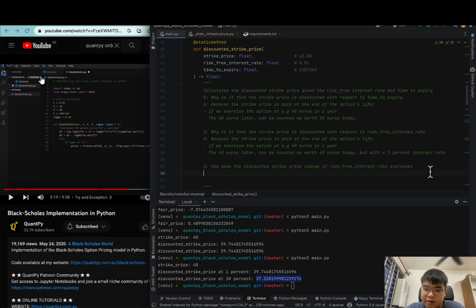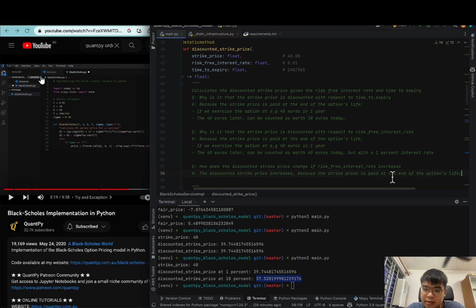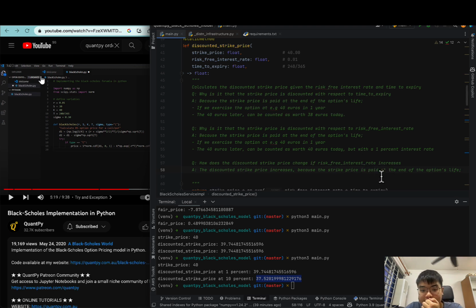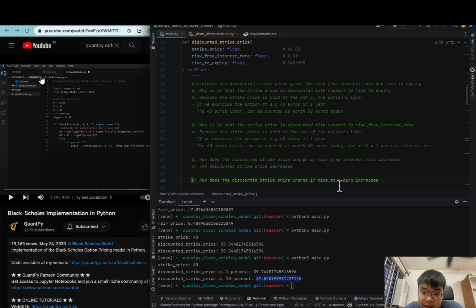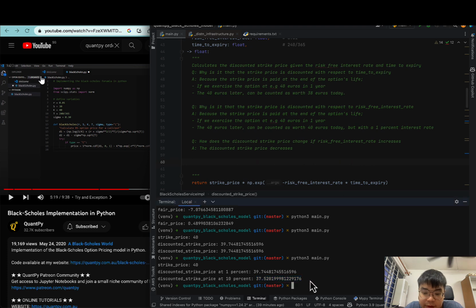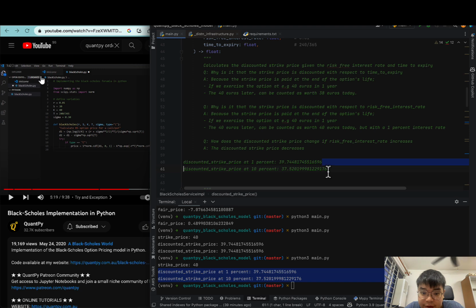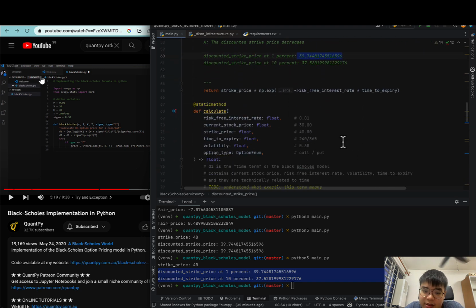So if it increases, that's not, yeah, it actually decreases here. So I think Codex actually got it wrong here. So for example, when we passed in 1% interest rate, the discounted strike price was at $39.